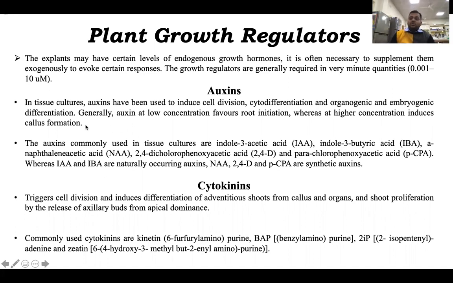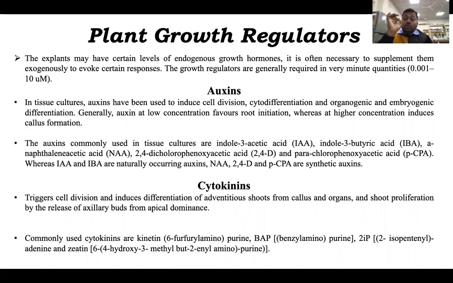This is also an outcome of the history that we were discussing yesterday, that people tried different concentrations and observed the response on callus formation or plant growth under tissue culture conditions. They realized that at lower concentrations it favors root initiation, whereas at higher concentrations it induces callus formation, because it induces cell division and embryogenic differentiation.